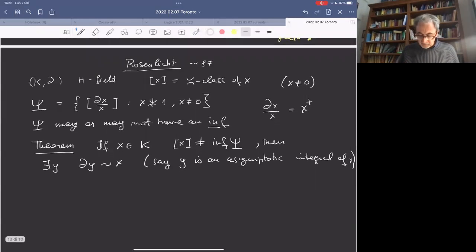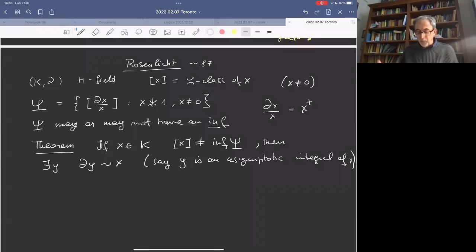The proof is a very nice trick. Essentially, you want to compute the integral using derivatives, because in an H field, you can only take derivatives. But by cooking up derivatives of certain elements and making certain quotients, you cook up an asymptotic integral of another guy.